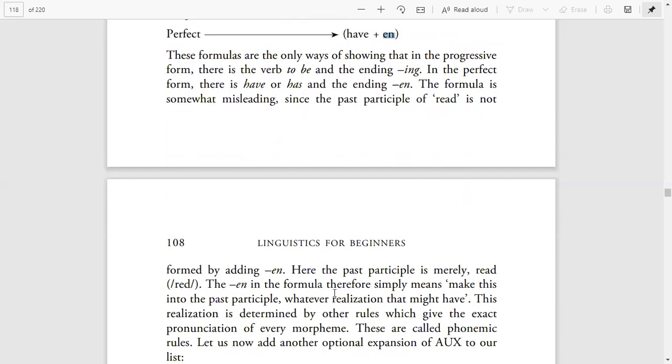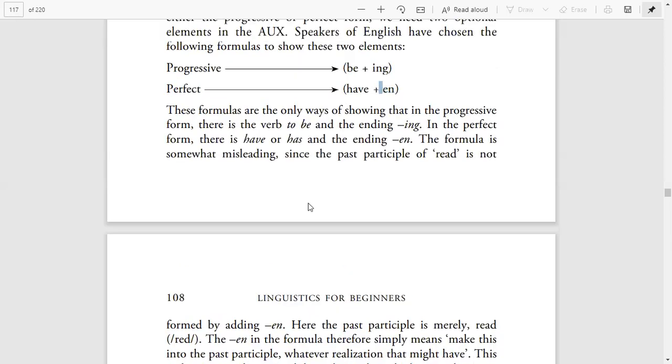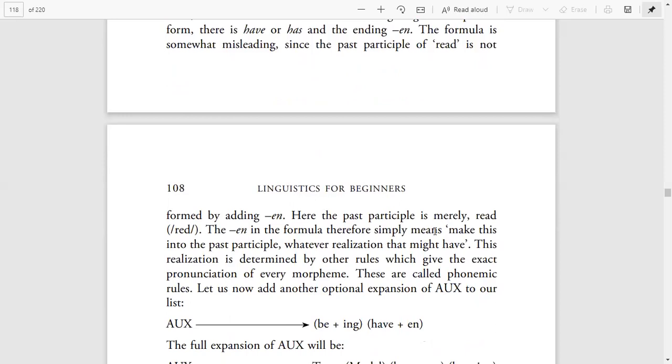The en in the formula therefore simply means, whenever you have en in the formula, make this into the past participle, whatever realization that might have. It does not matter what the realization is, what the word looks like. You will just make this word into a past participle.